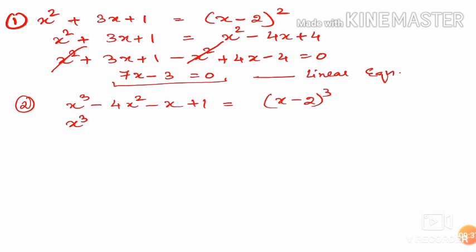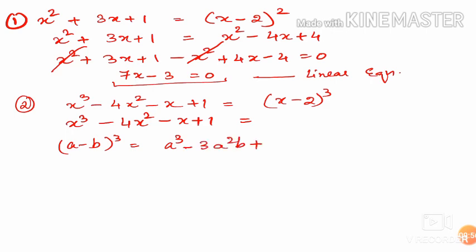So let's do that. x cube minus 4x square minus x plus 1 is equal to, now on the right side we have a minus b the whole cube. So using the identity a minus b the whole cube equal to a cube minus 3a square b plus 3ab square minus b cube, we will expand the right side.